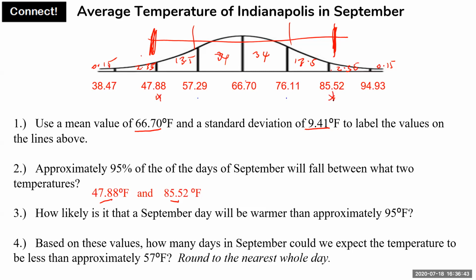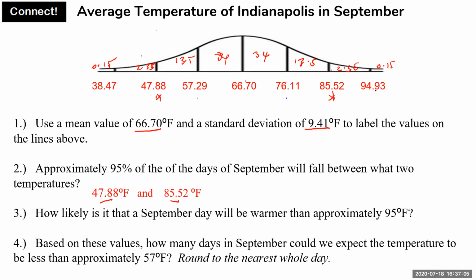Now, how likely is it that a September day temperature will be warmer than 95 degrees Fahrenheit? Look at it.